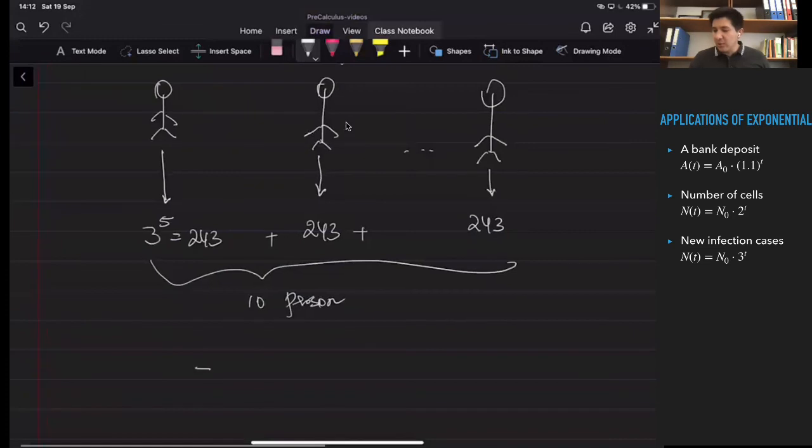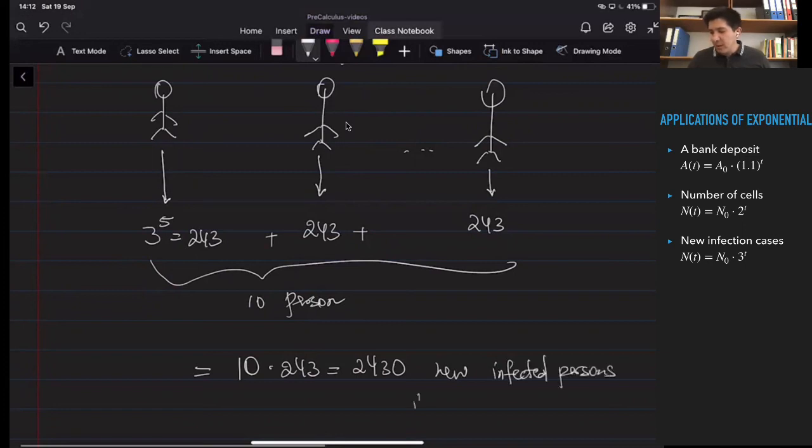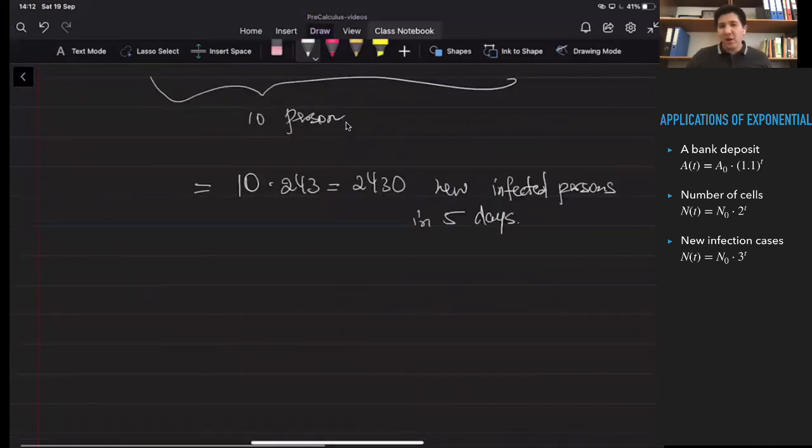This is going to be equal to 10 times 243, which is going to be 2,430 new infected persons in 5 days.